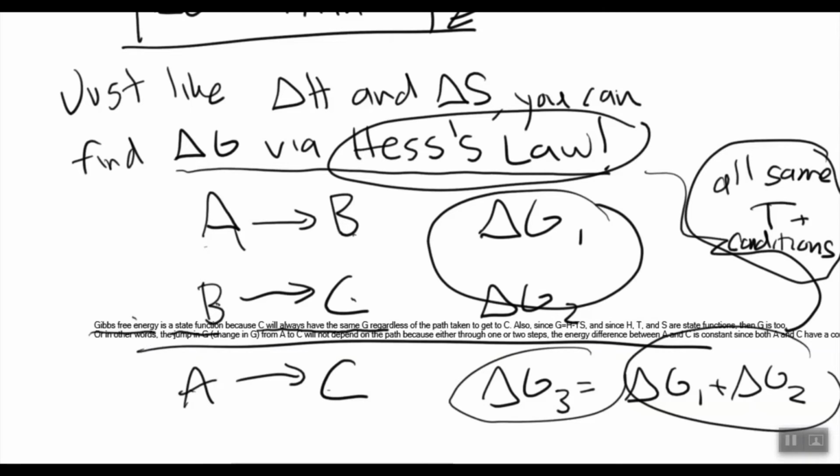Now, let's read on. So we know that Gibbs free energy is a state function because, by definition, a state function is anything that stays the same no matter what path is taken to get there.